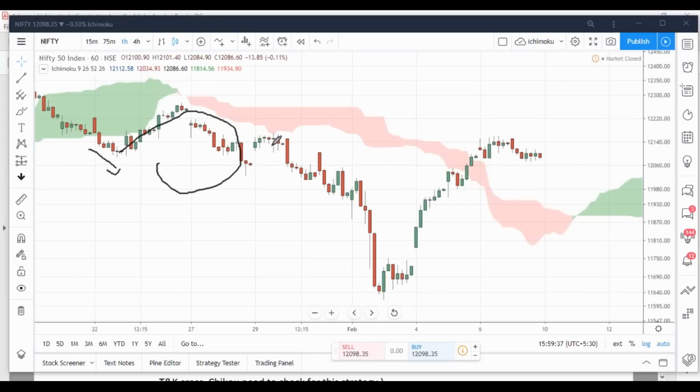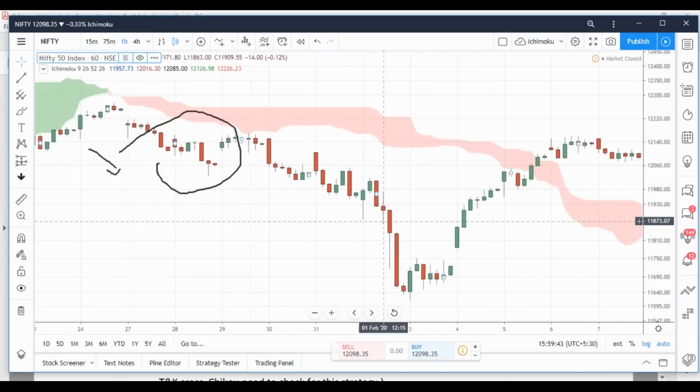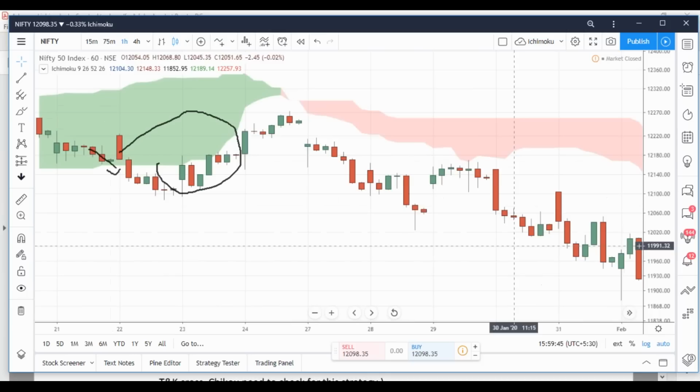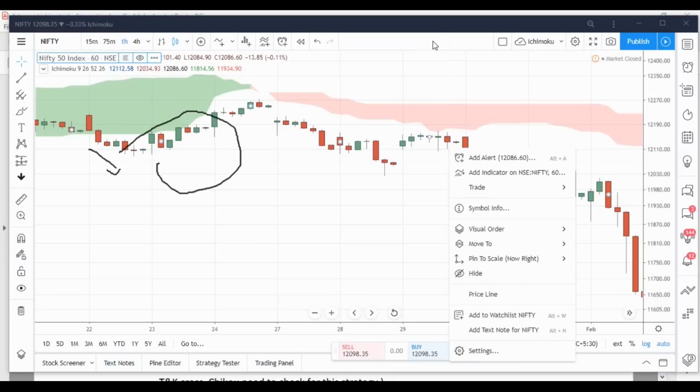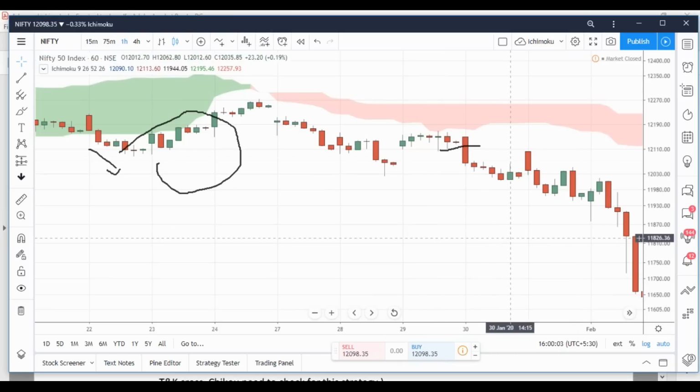But here, a candle touched the cloud. Let me zoom in. Here the candle touched the cloud, and then we are waiting for a red candle, and the next candle was a red candle below this candle's low. That means here was my short entry, and see how nicely it worked out.